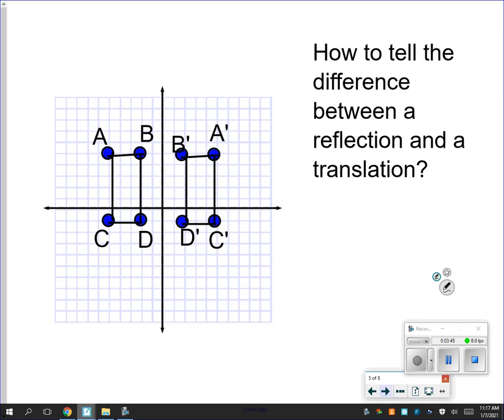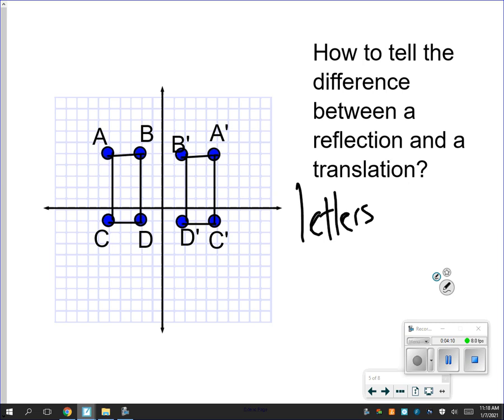Alright, so now, moving on: how to tell the difference between a reflection and a translation. Sometimes it's easy to see, sometimes it's a little more challenging. In instances like this, it's more challenging because the shape is pretty much the same. And that's where you have to look at the letters, the labels.